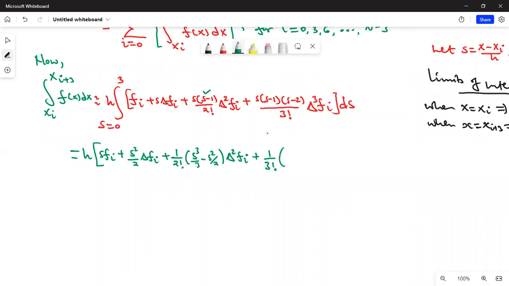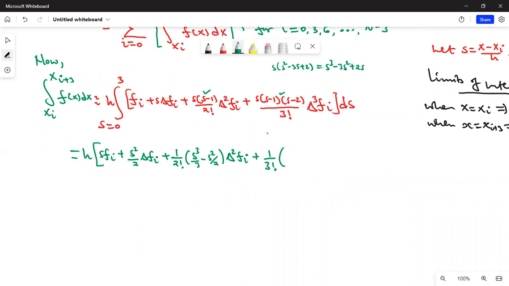When you integrate this, let me expand this. Here, we'll have s, of course, s into, what is this? S minus 1 times s minus 2. That is s squared minus 3s plus 2. Then times s, that will give us s cubed minus 3s squared plus 2s.